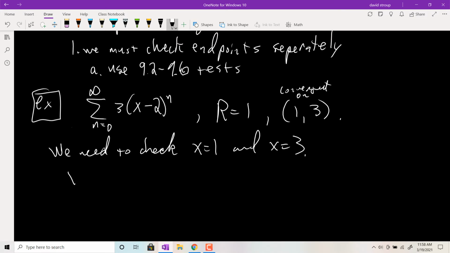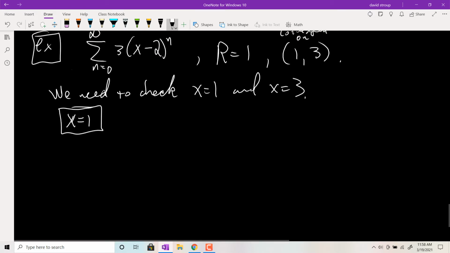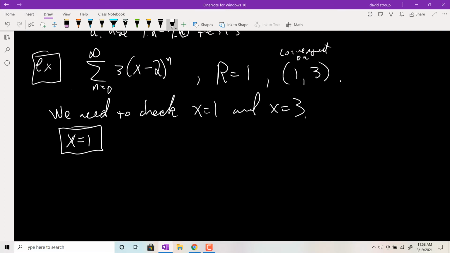So how do I do this? Well, you're just going to substitute the value 1 into the original series and then use your series test. So we have 3 times 1 minus 2 to the n from n equals 0 to infinity. This will be the sum from n equals 0 to infinity of 3 times negative 1 to the n.